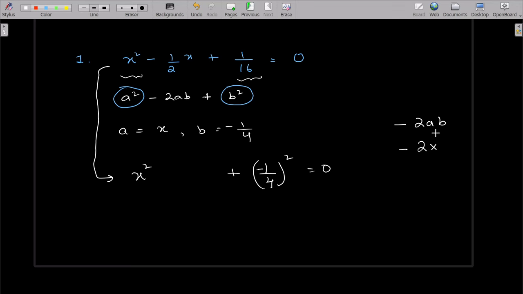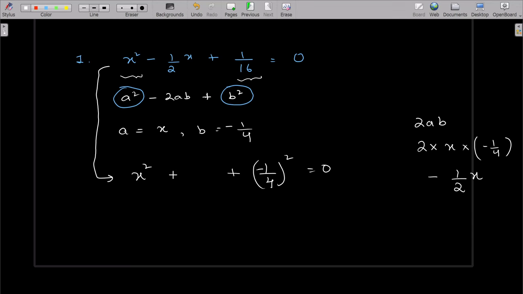Negative 2 times a is x, so write x. B is negative 1/4, remove this negative sign. B is negative 1/4, so negative 1/4. So if you simplify this, you will get negative 1 over 2x. So we are getting the second term as well.